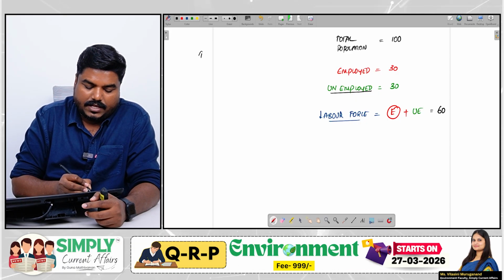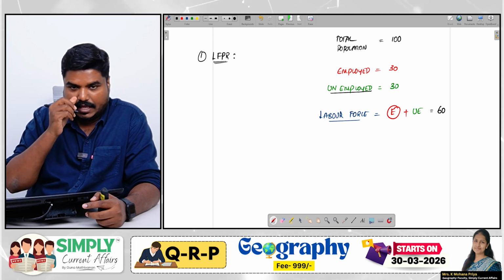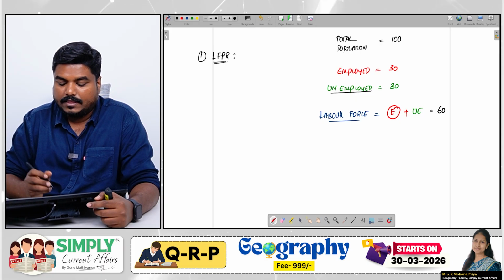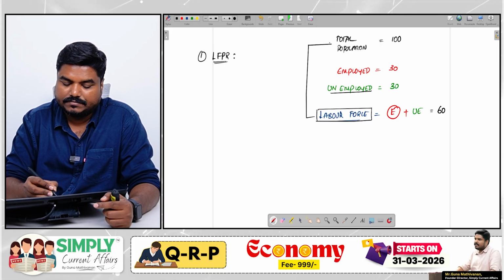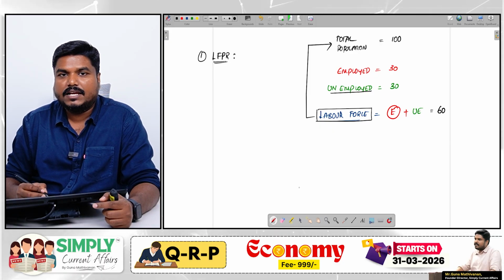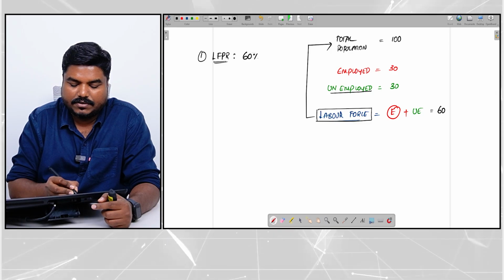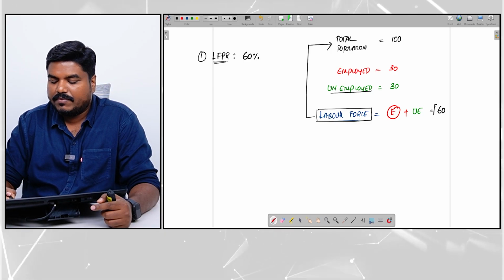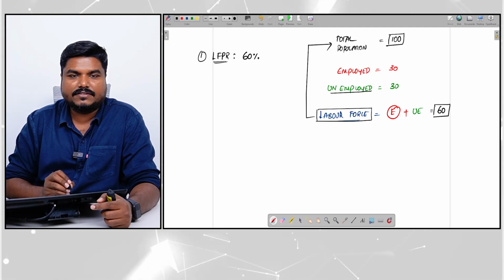Now, labor force participation rate, LFPR, refers to the percentage of labor force in the total population. In our example, that comes to 60%, yes or no? The labor force is 60, the total population is 100, so the percentage of labor force in total population is 60.